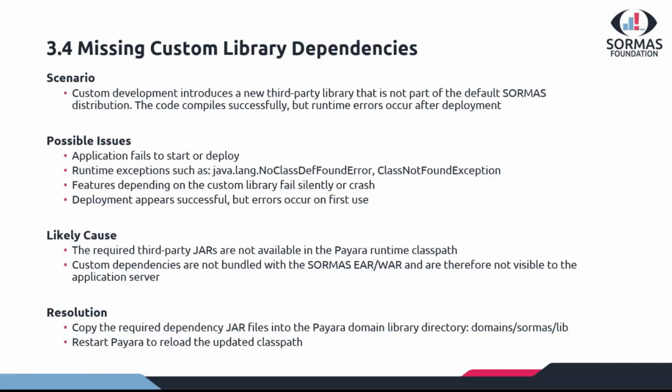So the cause is that the third-party libraries are not in the runtime class path of Payara. Custom dependencies are not bundled with the module build artifacts. Only the SORMAS-API is bundled together with them. So they are therefore not visible to the application server.